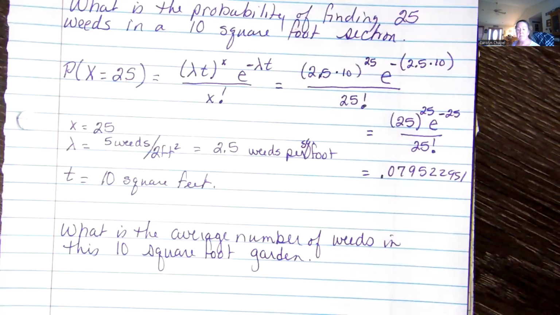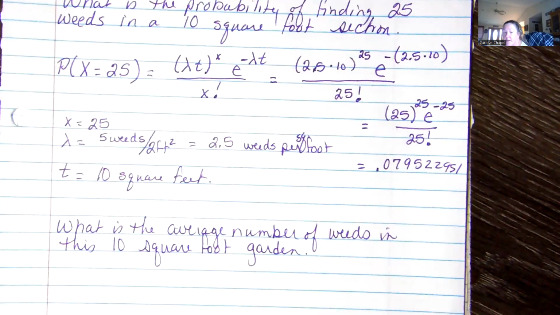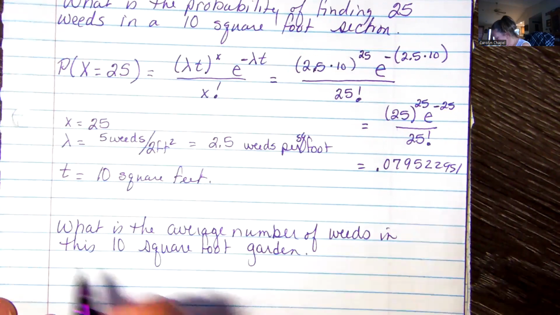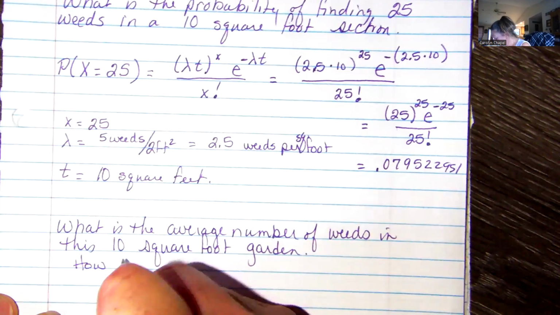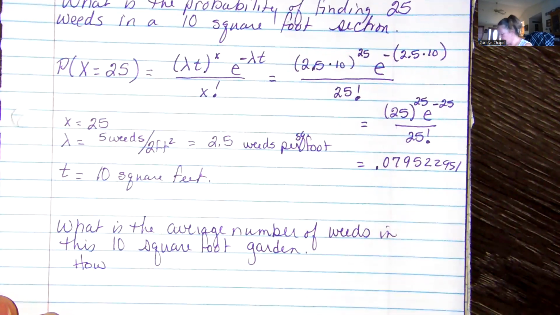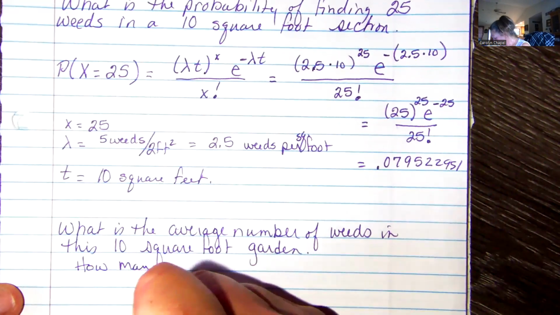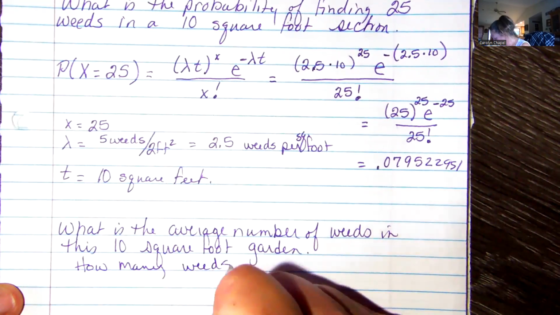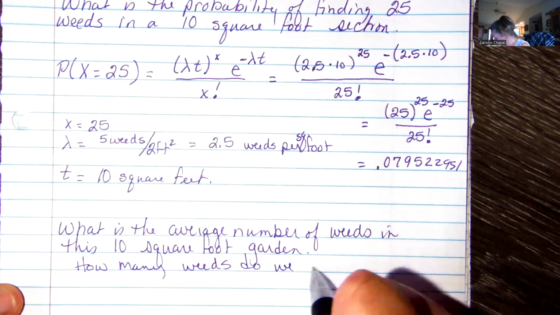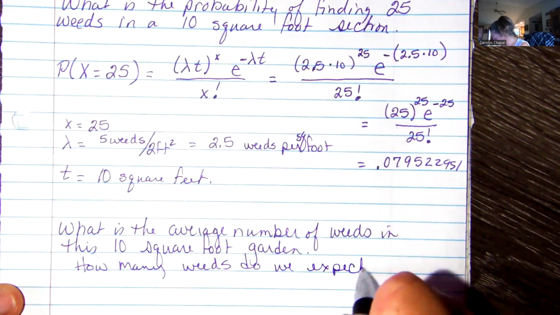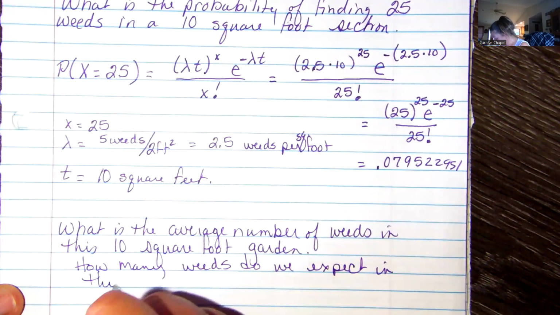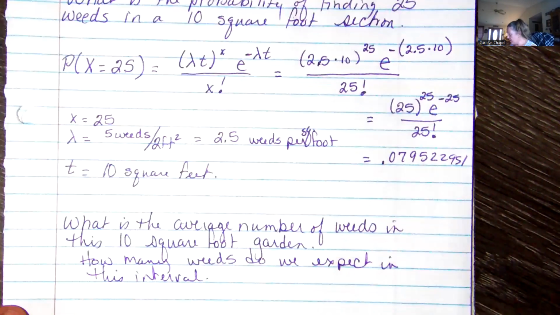I want you to remember that when we're talking about discrete random variables and we're talking about the average, it's also thinking of it as how many weeds do we expect in this interval. That's our average.